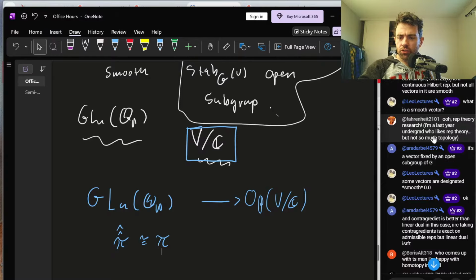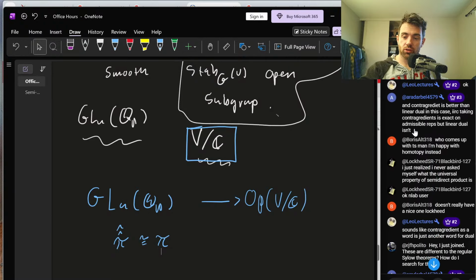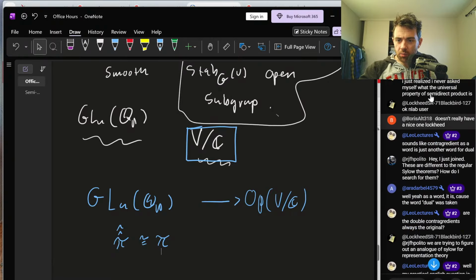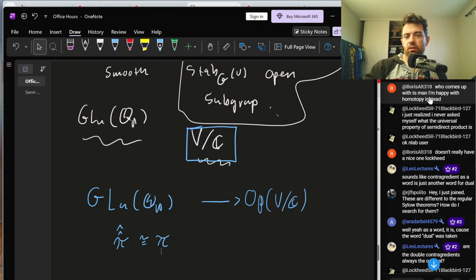Rep theory research. Your last year undergrad who likes rep theory. Hell yeah. But not so much topology. Wow. I mean, there's still stuff to be done in representation theory of finite groups, but I hope you can find space in your heart for topology, because these things all come together. And besides, modern day representation theory is some equivalence of homotopy theory, right?